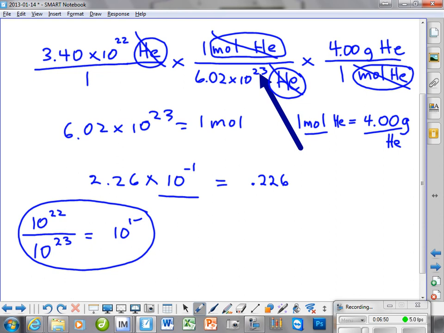Either way is acceptable when we're talking about grams. Whoops, that's not a times, it's just the grams. So now we have grams, and if we're going to write it this way, we usually put a 0 here, and this is grams of helium. And that's your final answer. So that's it, folks.